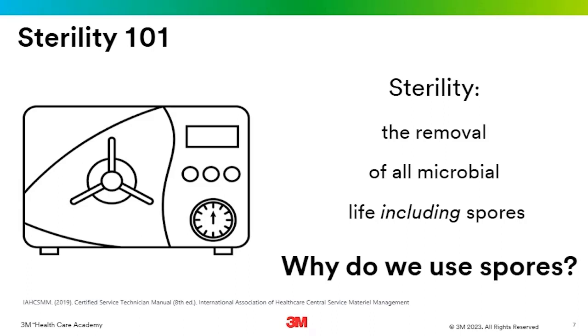So a lot of the times when I teach, people ask, why don't we use prions? Well, these abnormal proteins are much more difficult to kill, and there's a whole bunch of different science behind it. And when we're testing for the viability or the accumulated lethality of our sterilizers, we want to use a viable microorganism that can actually be destroyed.